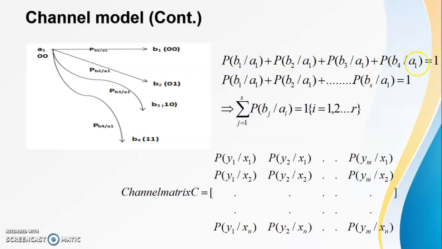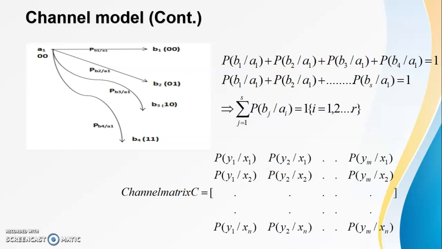In generalized form, if there are s number of outputs, then the formula is P(B1/A1) plus P(B2/A1) continued up to P(Bs/A1) equals 1. It is for the first input A1 only, but this holds true for all the input symbols Ai.